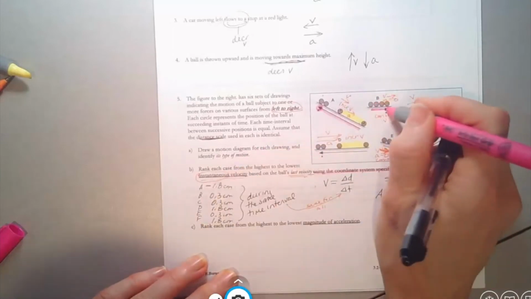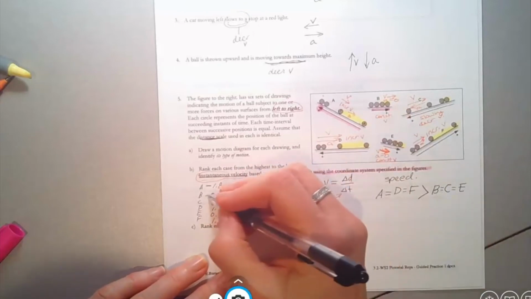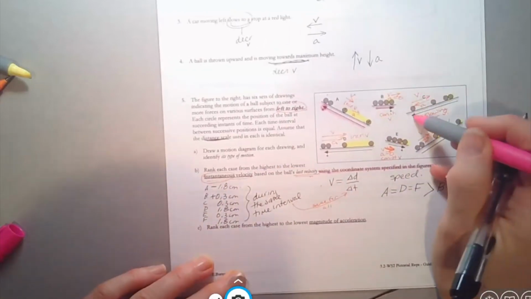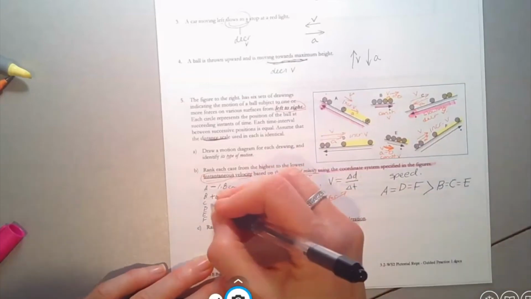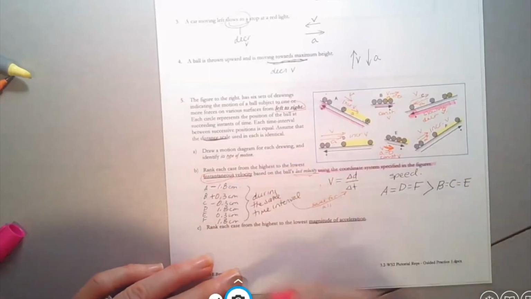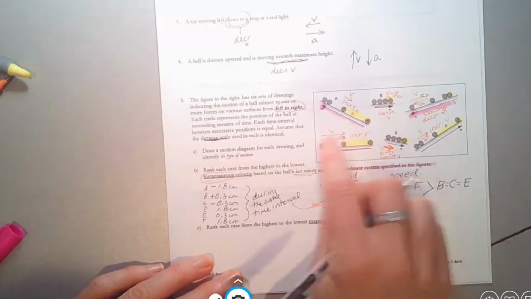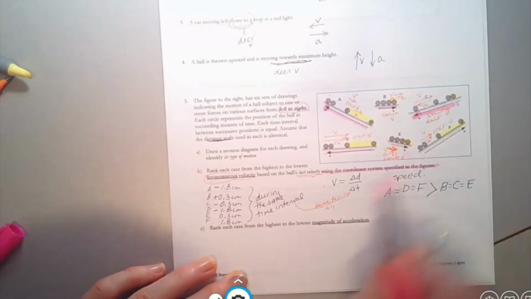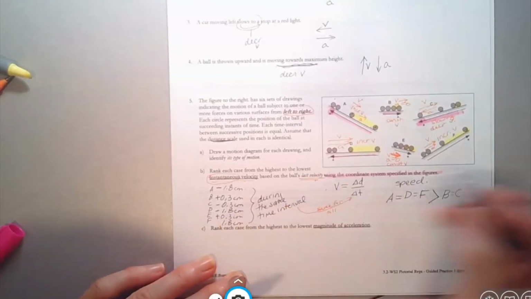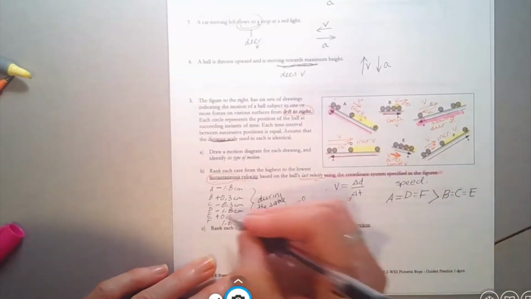The positive is to the right. So that's positive. Here, it's moving up. It's moving in the negative direction, opposite. This one is moving in the negative direction as well. It's opposite. Which way is positive? This one is moving in the positive direction. And this one is moving in the positive direction.